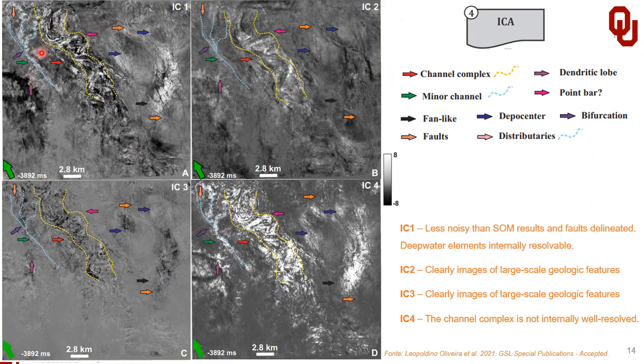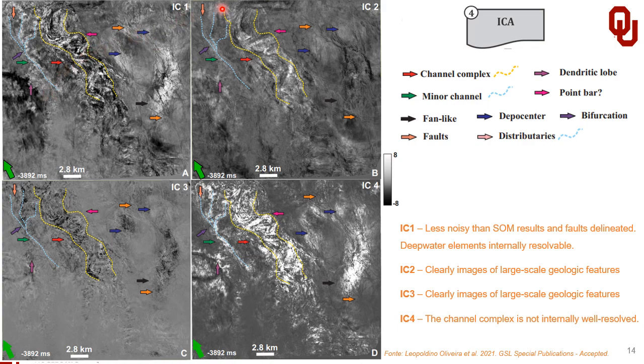The first figure displays the results of independent component 1 along phantom horizon 3. The IC1 results reveal the same deep water elements previously seen in the SOM analysis. However, we note that ICA1 presents less noise, and geological faults are well defined, delineated, and clearer than in the SOM results.